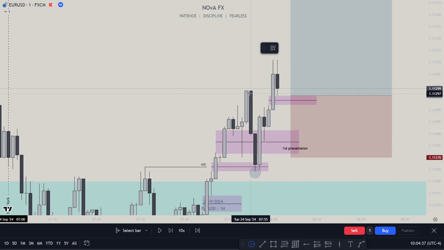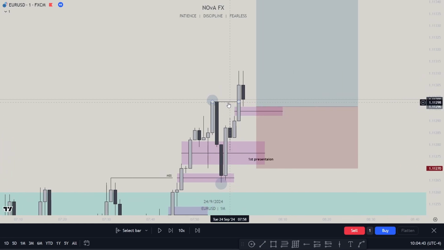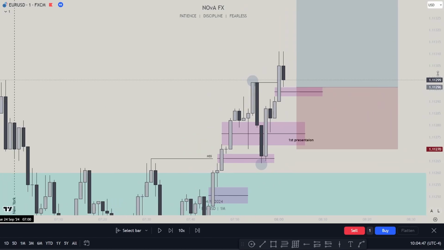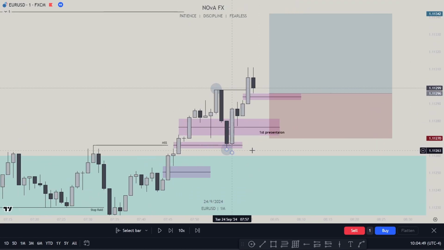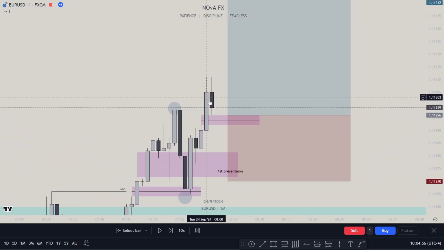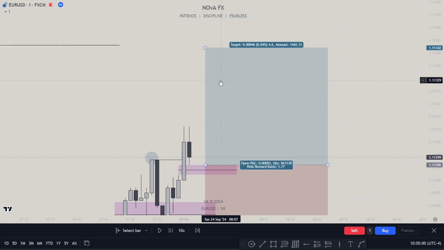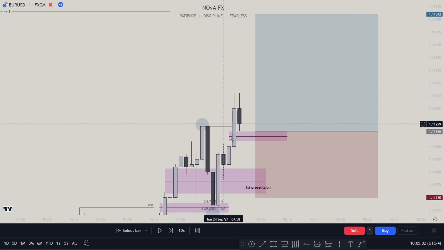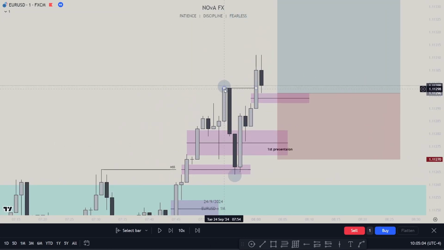The price will take out this liquidity here, and it did. After taking this liquidity, it came down to this interior. So you can see it's going from interior, which is this FVG, to exterior, this buy side liquidity. It's again coming down to take the interior liquidity, then it's going to go up. So that's how price basically works. You can delete this for now.